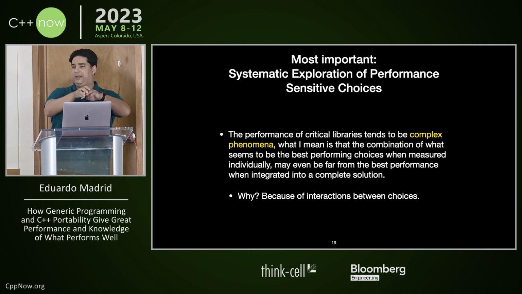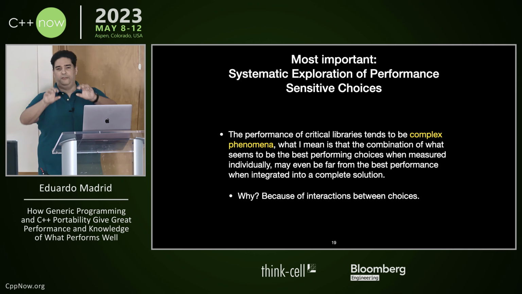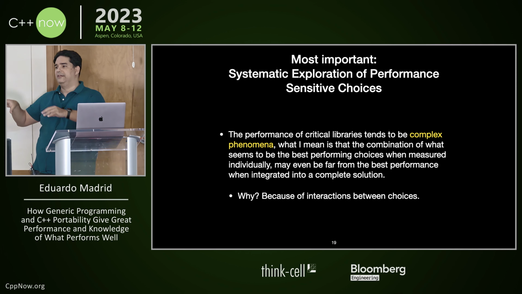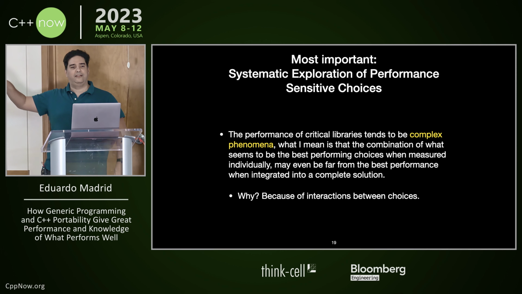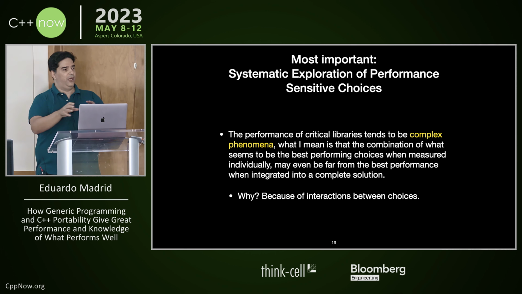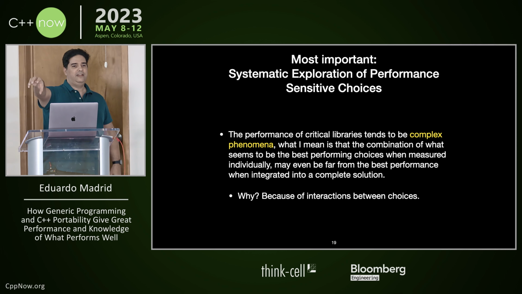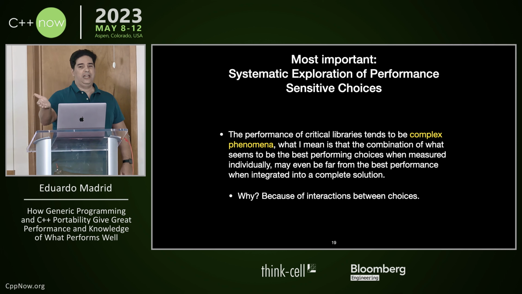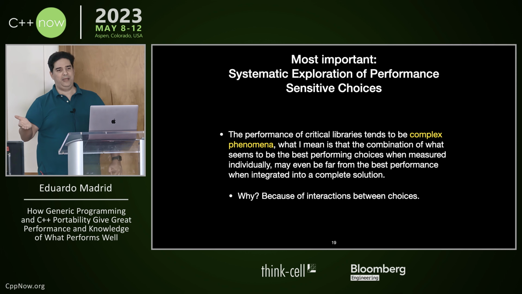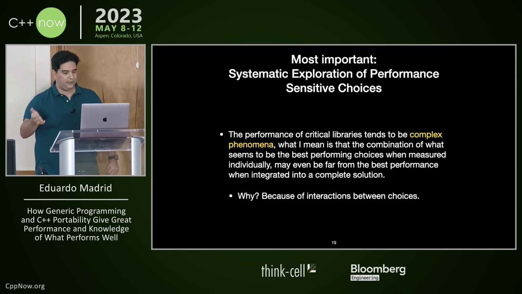If it were just a matter of isolating every component, measuring it independently, seeing which one performs best, and making the combination of the best individual performers, you're not going to get the best combination performance, all right?